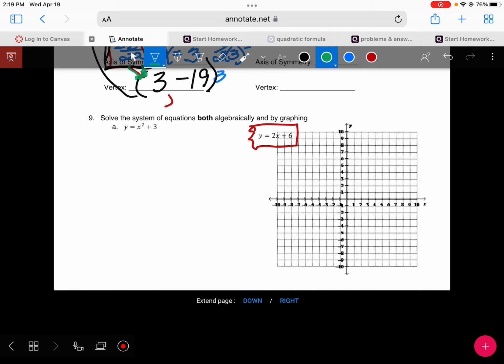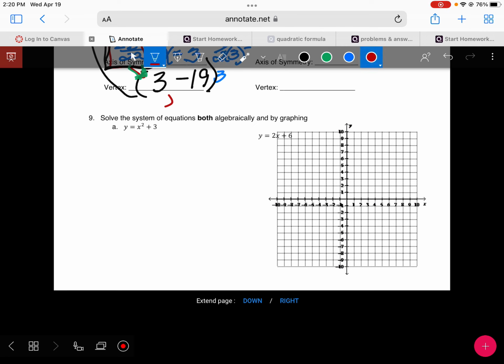So one more time. It should be y equals x squared plus 3 and y equals 2x plus 6. I know you don't have a good graph of that, so I would suggest you can do a basic graph maybe on that last page. But here's what it's going to look like.